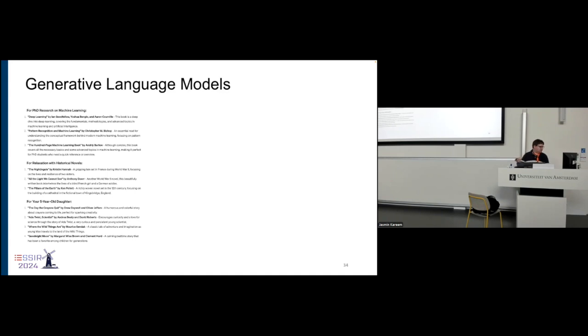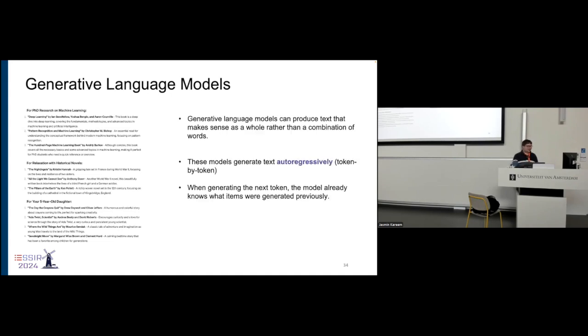Many of these books are really good ones. Some of them I already read, but I wouldn't mind having these as recommendations. So they are doing something fundamentally different compared to what classic recommender systems do.